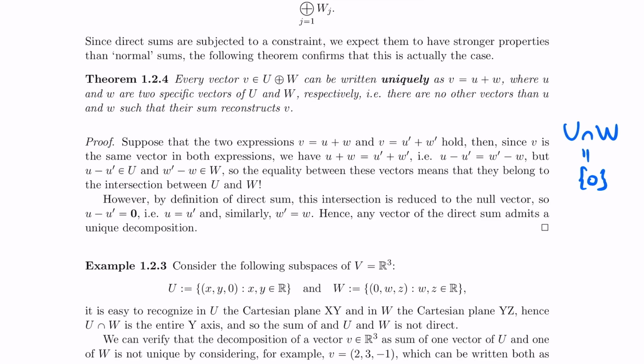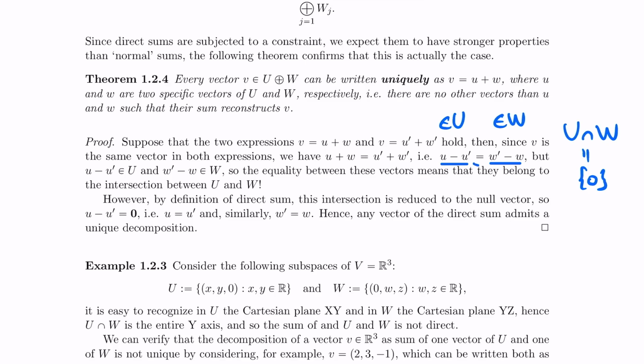However, remember that U and W are two vector subspaces, and so they are stable with respect to differences of their vectors. Hence, u - u' belongs to U, and w' - w belongs to W. As a consequence, this vector belongs to U, but it also coincides with this vector which belongs to W, and vice versa, of course.